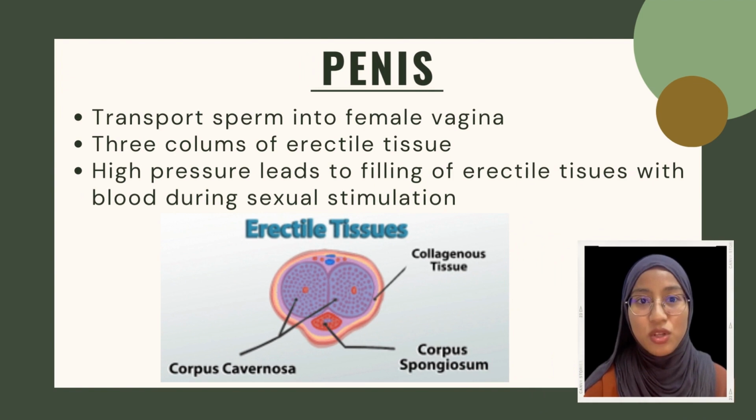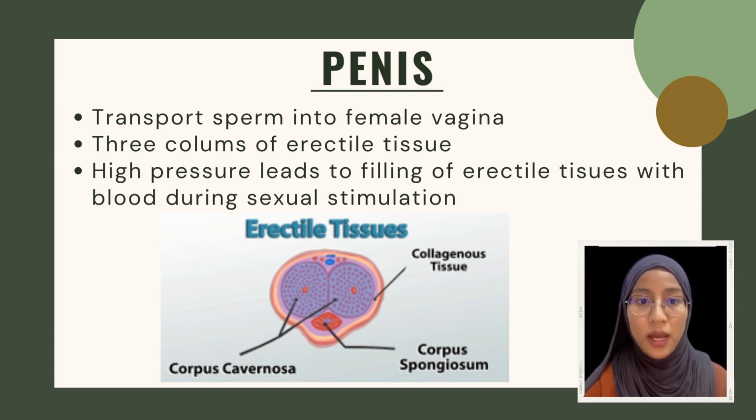Next, let's talk about the penis. The penis is used to transport sperm into the female vagina, besides being used for urination. There are three columns of erectile tissue, including collagenous tissue, corpus cavernosa, and corpus spongiosum. The penis contains a very rich supply of blood vessels and nerves.